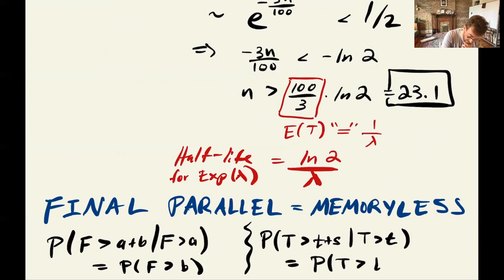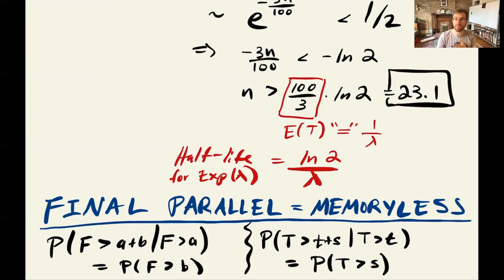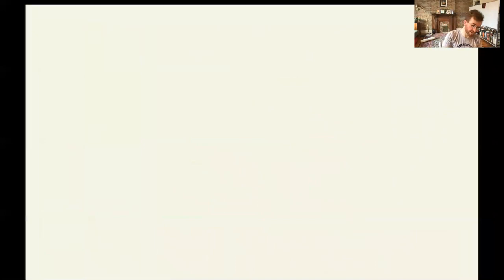Which gets at this idea that if a machine part is governed by an exponential process, then if it hasn't broken yet, it's as good as new. So maybe you don't want to change your water heater because it's still working, so it's as good as new. Okay, so that's enough for the parallels between geometric and exponential, and I just wanted to remind everyone of that.